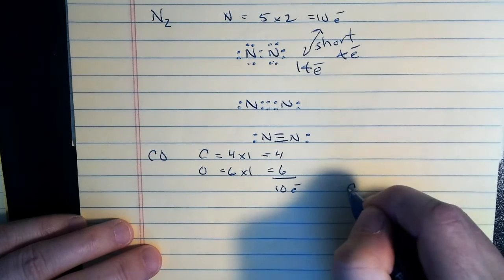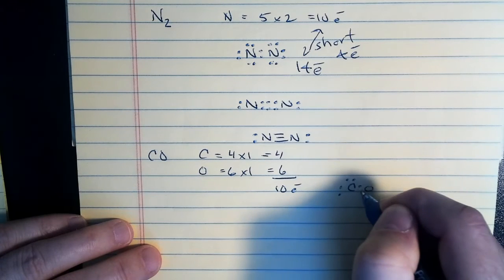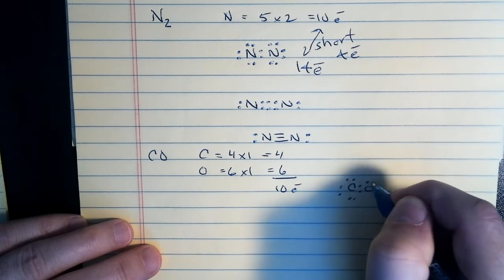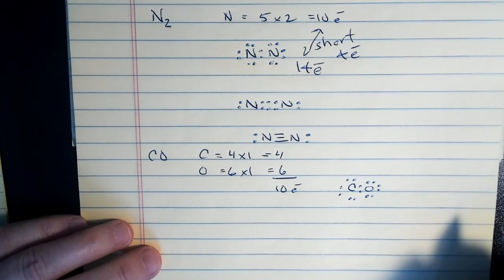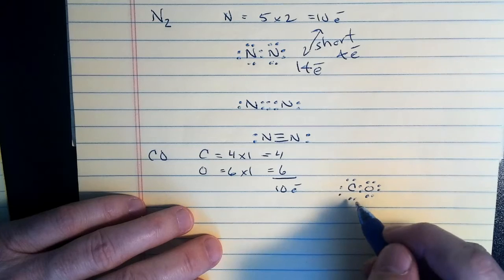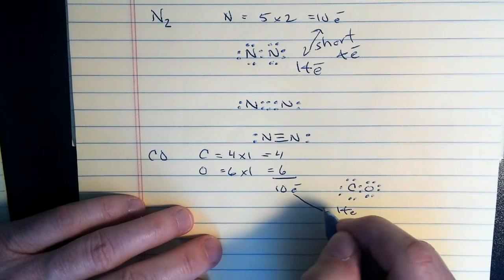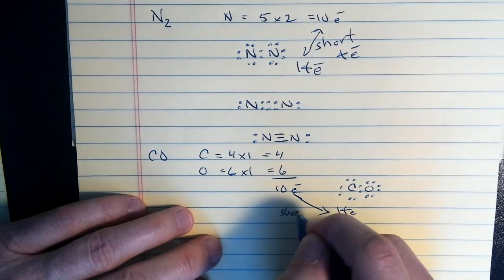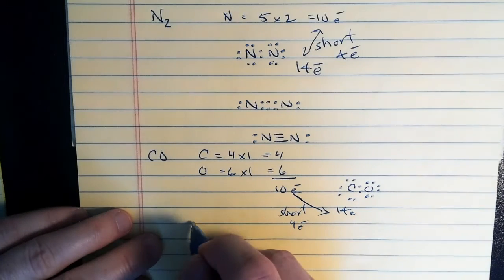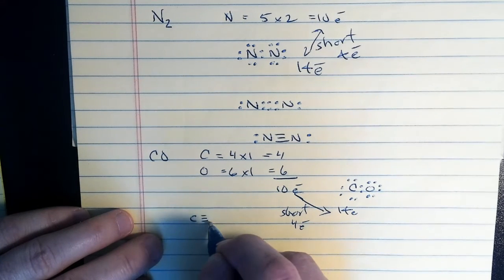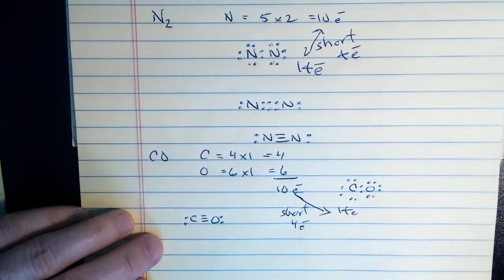So you can only put them side by side and give them each 8 electrons. I think you guys can do a better job of putting these electrons in place than I do. So 2, 4, 6, 8, 10, 12, 14. We are short 4 electrons. That's a triple bond. So put carbon triple bonded to oxygen with your pairs on the side like that.